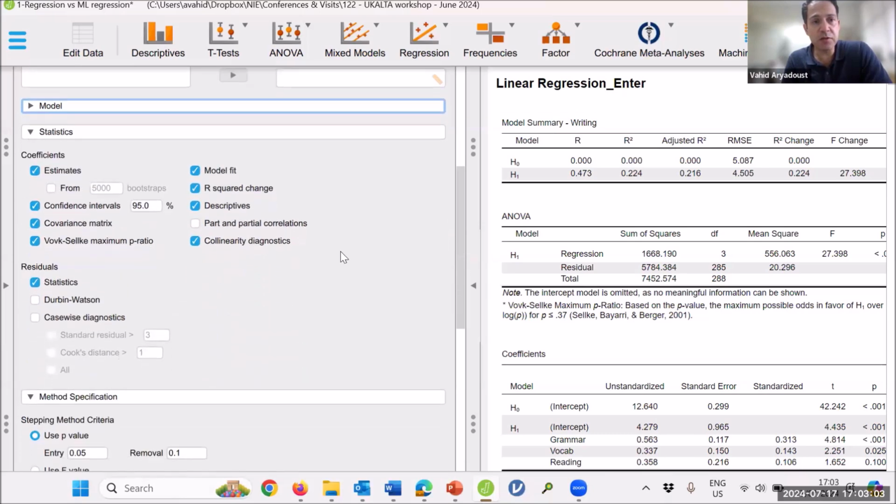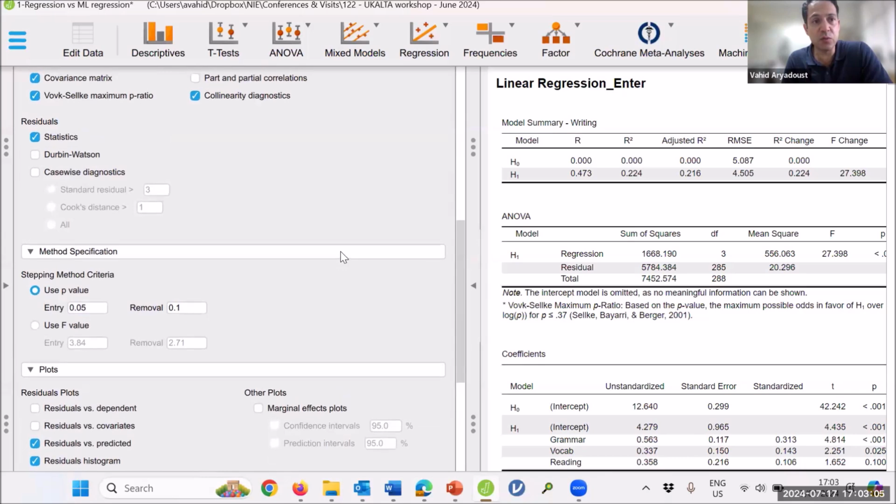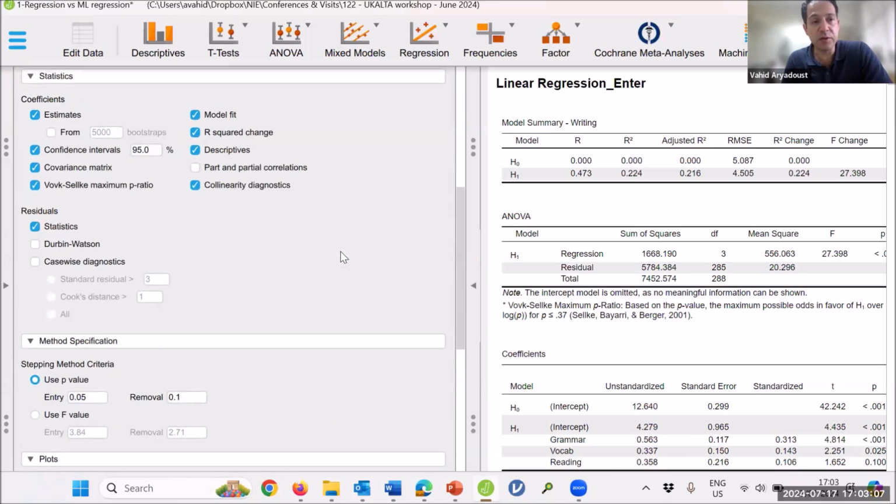Now, what kind of statistics do we want to get in our regression analysis? Well, here are the things that we really need to get for our regression analysis. One of them is the estimates. Estimates are coefficients, the confidence intervals, and also, of course, the p-values will also be calculated.